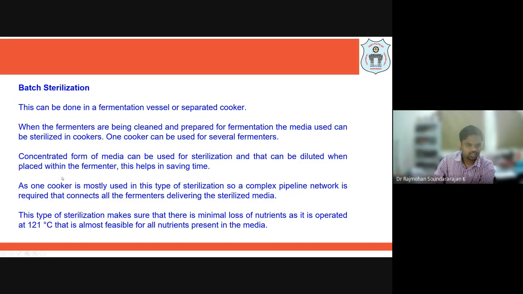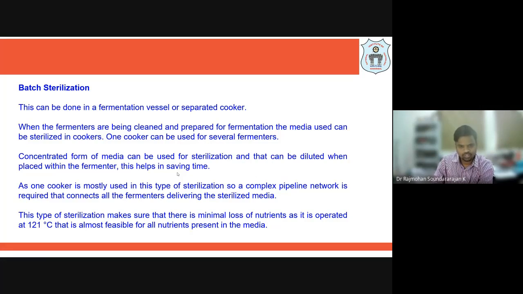Okay. So the concentrated form of the media can be used for sterilization, and later you can dilute that media when you want to place it in the fermenter, which will help save time. Let me say 1 liter is there. You need not sterilize that 1 liter in the cooker. So what you can do is take highly concentrated media, take some 100 ml and do the sterilization.